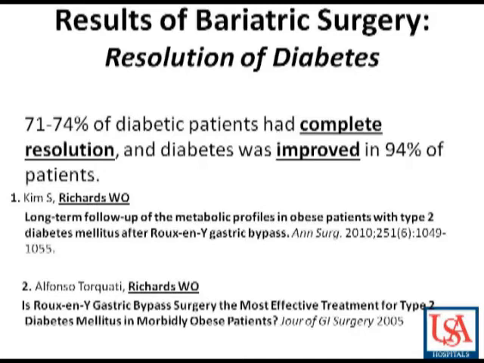The 6% of patients that it wasn't improved in are usually patients who have had such long-standing diabetes that their pancreas is so burned out that they're not making insulin anymore, and they're beyond hope. My theory would be that if we were able to do surgery earlier in their life, they would have been better off and their diabetes would have been resolved.